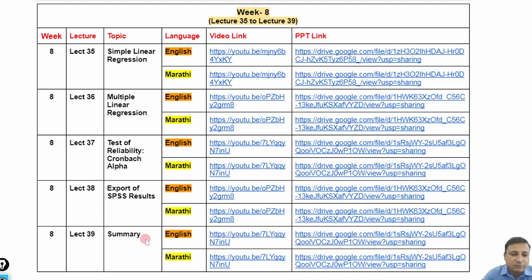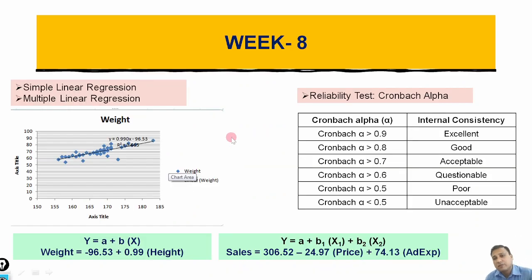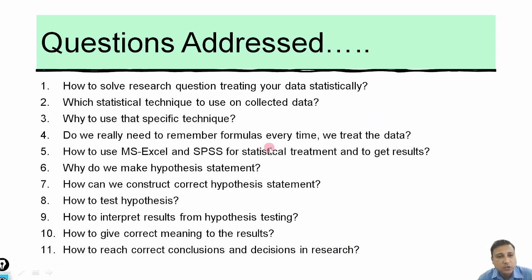So this is the way we tried to cover different concepts, contents and topics in this certificate course. This certificate course tried to address a few questions. And what are those questions? Question number 1: how to solve a research question by treating your data statistically.